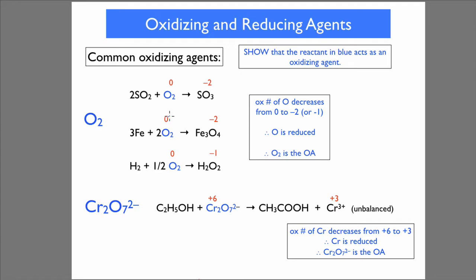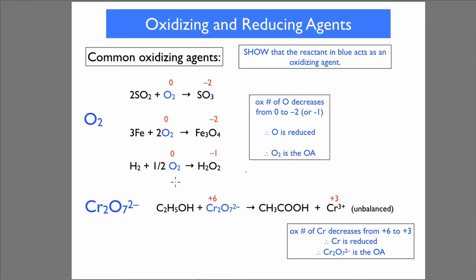Here, oxygen's gone from 0 to -2, and here 0 to -1. So the oxidation number of oxygen decreases from 0 to -2, or in this case, from 0 to -1. Therefore, oxygen is reduced. Therefore, if it's being reduced, this molecule here is the oxidizing agent.